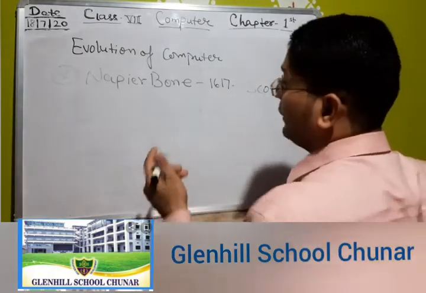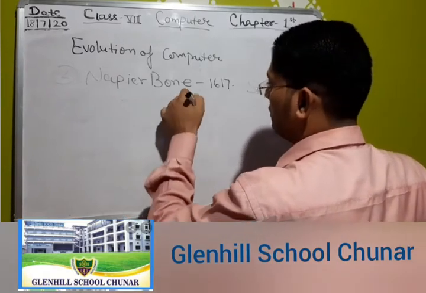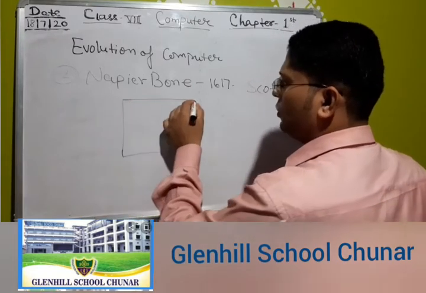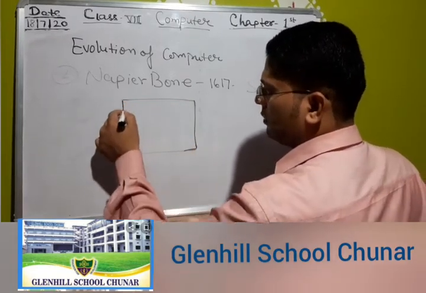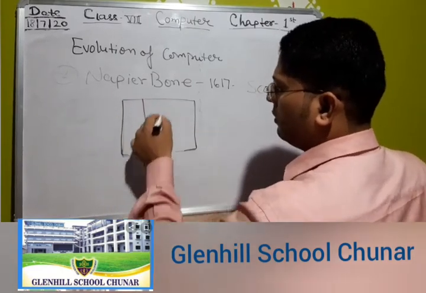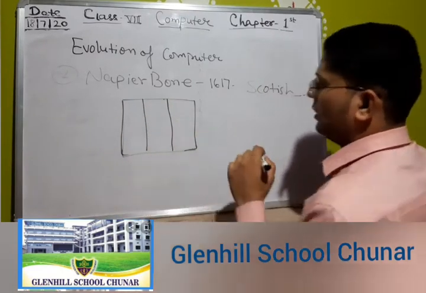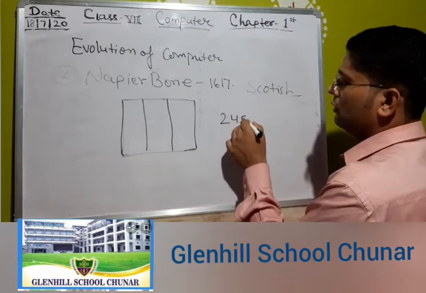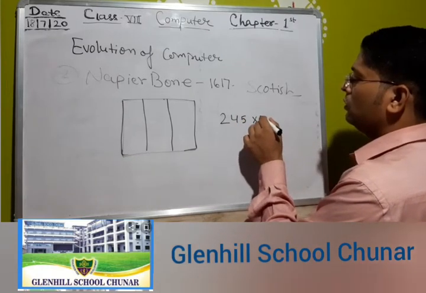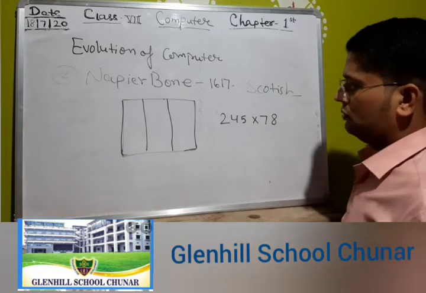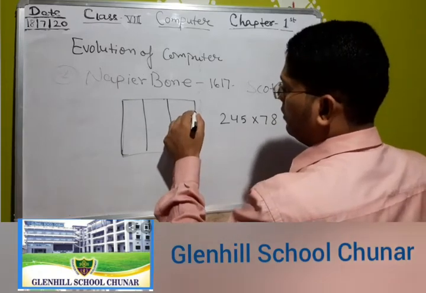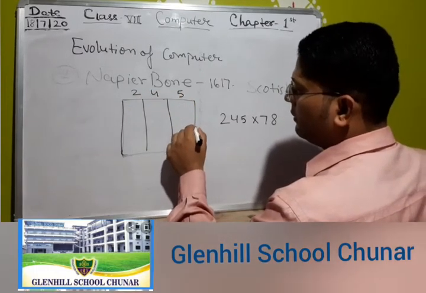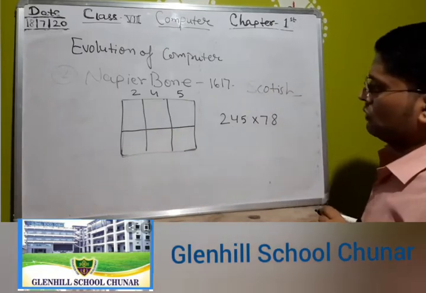So look, student, what is the Napier's bones method. Suppose you are multiplying 245 into 78, suppose. Okay, so look, that's 2 4 5 and we divide it here.